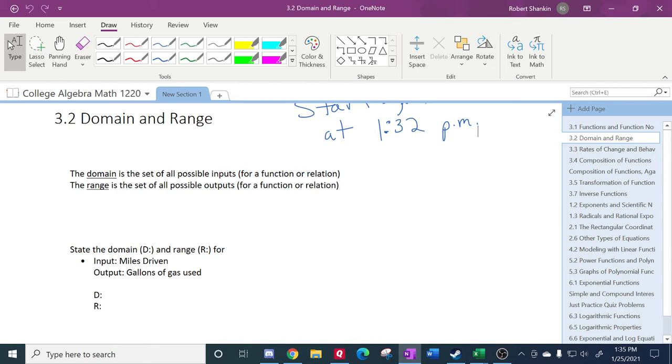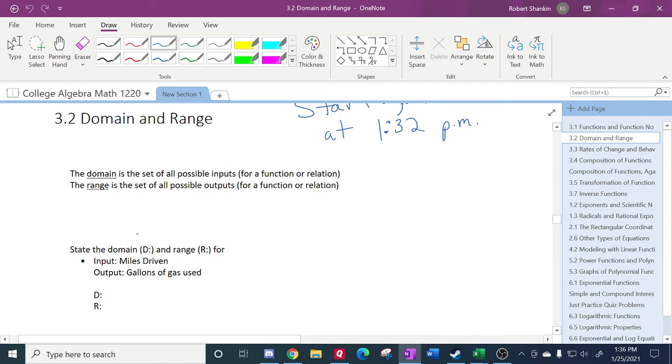All right, group 5, what do you have for the domain? We said that the domain is miles driven. Okay, miles driven. Now let's look back at this definition. The domain is the set of all possible inputs.